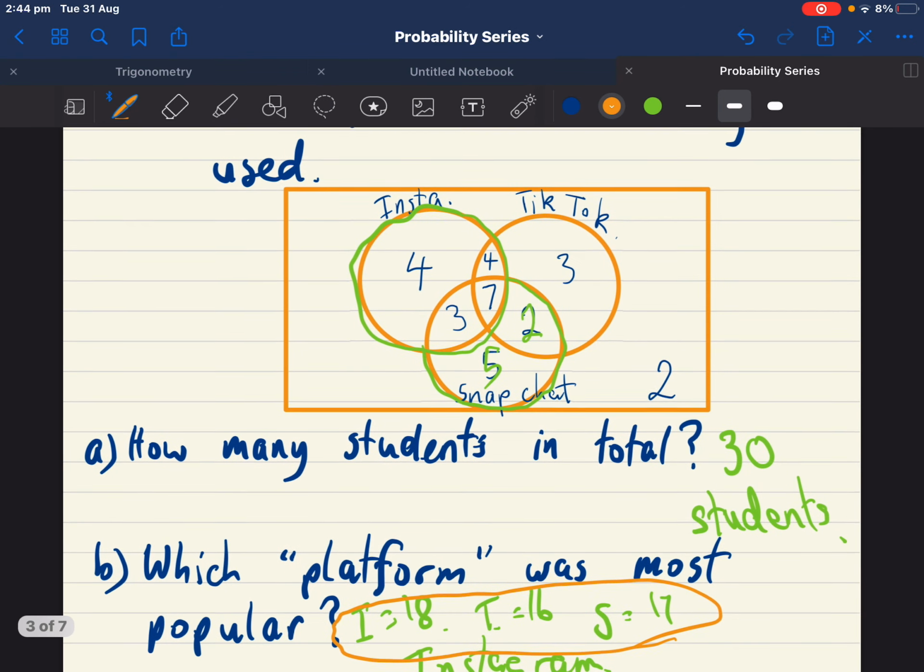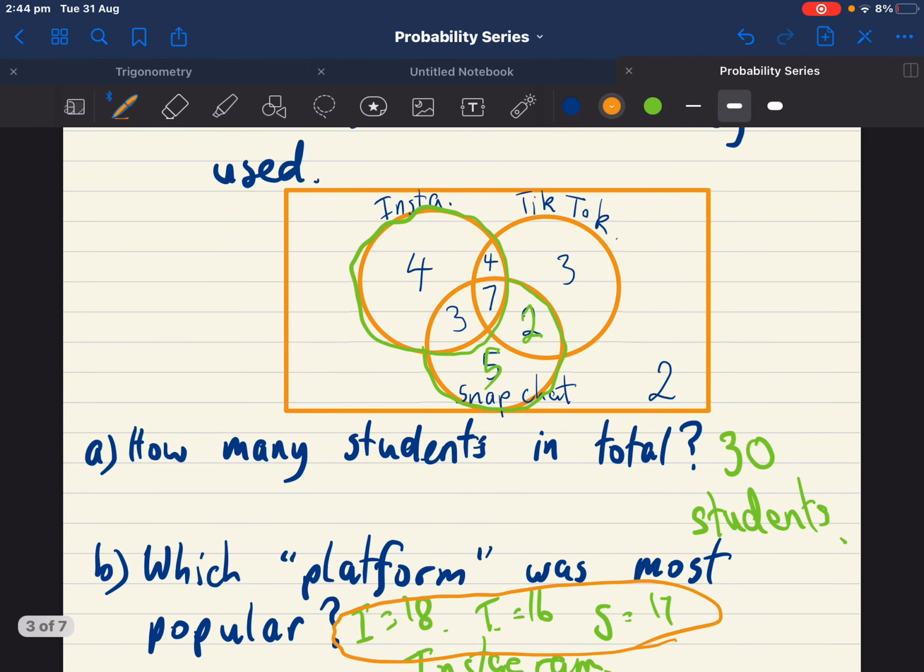Because technically from that Instagram 18, 10 of those students were using Snapchat as well. So if you were to just add the 18 and the 17 together, I'm referring to these, you're actually counting those 10 students twice, which is why you end up with 10 larger than what the actual answer should be. Hopefully that makes sense.